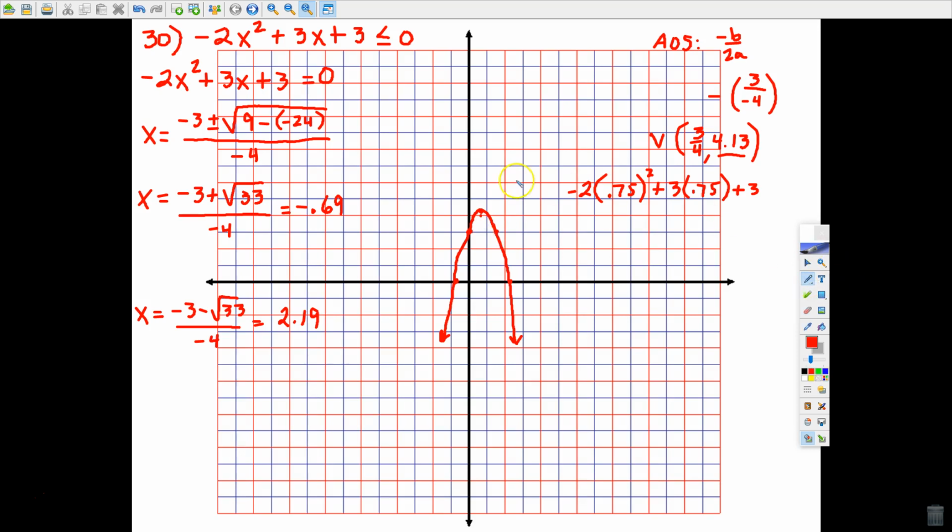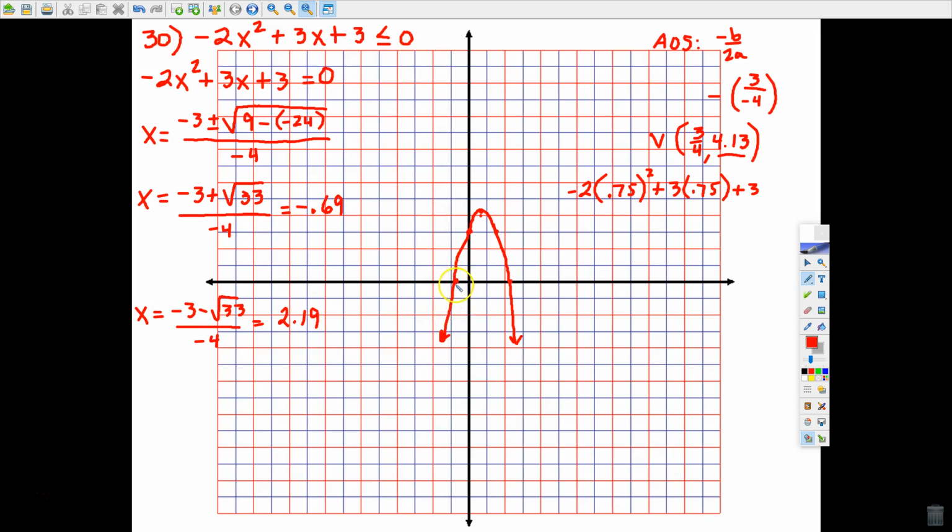Okay, so now we're ready to look at the inequality and answer the question, which really says, where is this parabola? This quadratic represents the parabola. Where is it below the x-axis? For what values of x is this parabola below the x-axis?